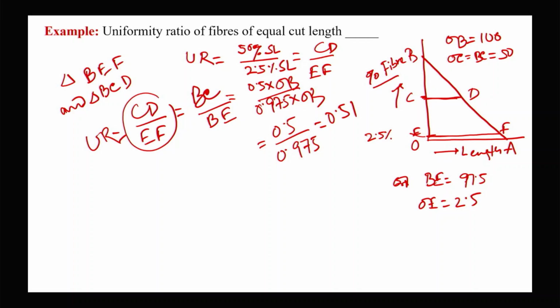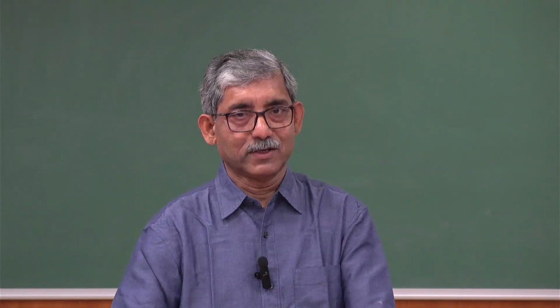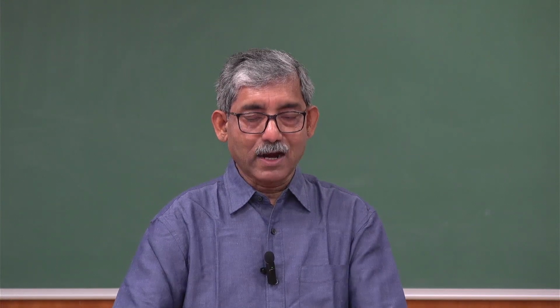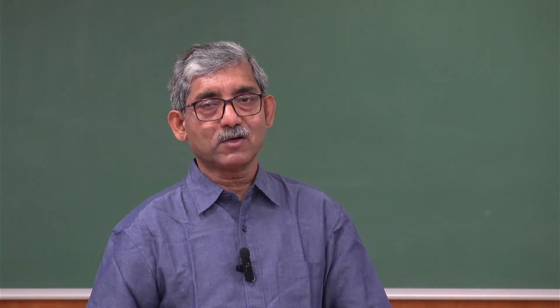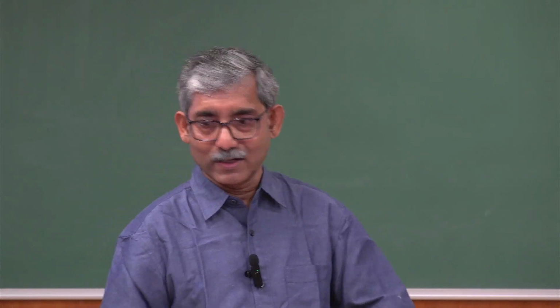That means we can always see the cotton with variable fiber length cannot have the uniformity ratio more than 0.51. 0.51 is the maximum uniformity ratio possible for a fiber, where the ideal fiber distribution is that all the fibers are of equal cut length.